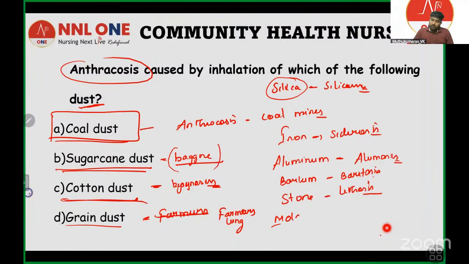That is moldy hay. That is for grain dust. Tobacco dust causes tobaccosis, and sugarcane dust, which I have already discussed, is bagassosis. Where does cotton dust come from? Textile industries.